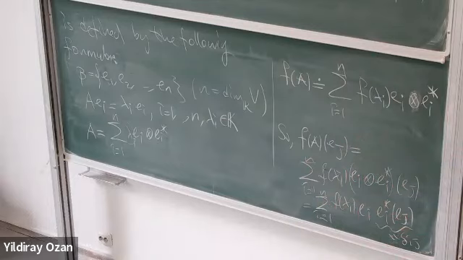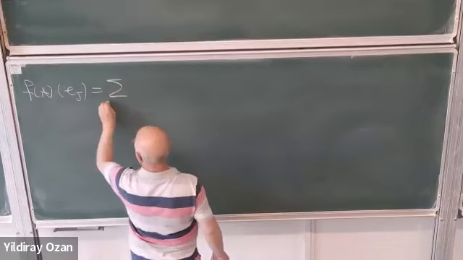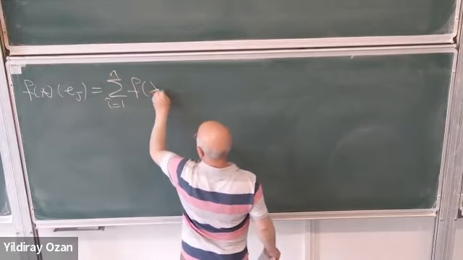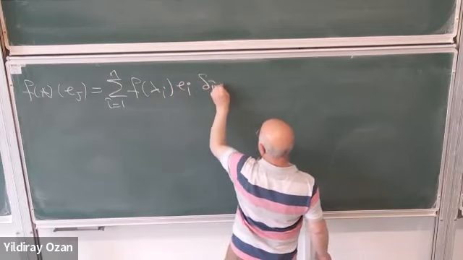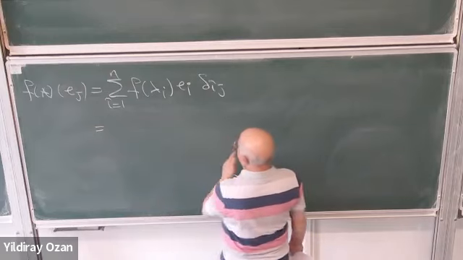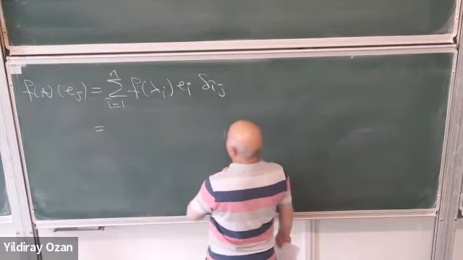Therefore, f of A of e_j is equal to what? Summation from 1 to n, f of lambda_i, and then I have to put delta ij. This means this is 0 if i is different than j.